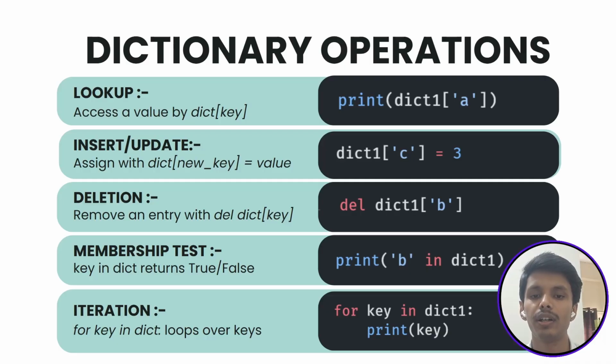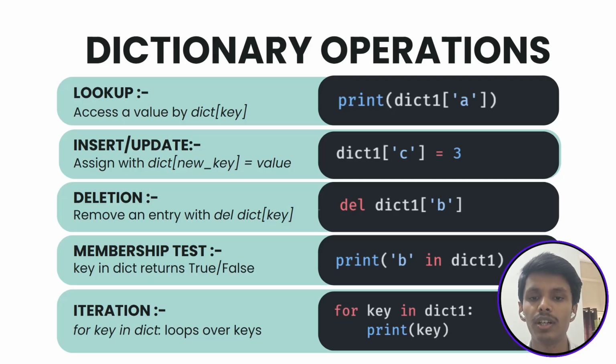You can add or update a key value pair using dict[new_key] and assigning that a value. Deletion. To remove an entry, you use the del keyword followed by dict and key. Membership test. You can test if a key is present or not in a dictionary by key in dict. It returns a boolean value, true or false.